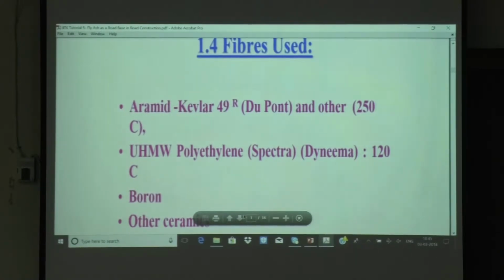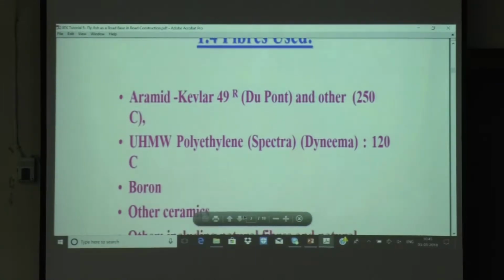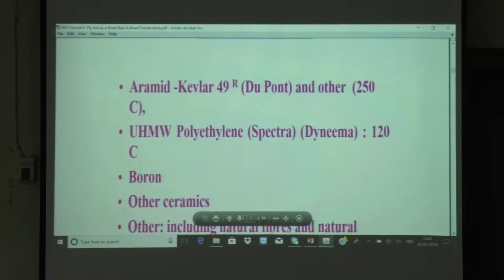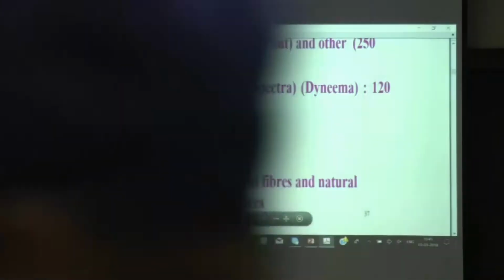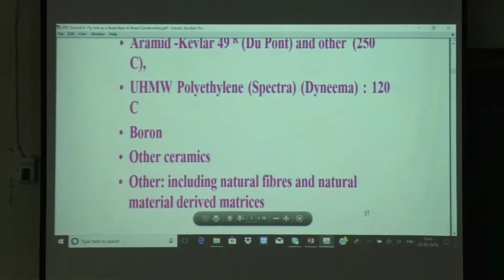Being a polyethylene, its molecular weight is very long, so it's quite strong, but its melting point is around 120 degrees C. Then boron is another fiber, a ceramic fiber. Boron and other ceramic fibers can be small in size or large in size. But small sizes are easy to handle, and they are strong. So boron and other ceramics can also be used.